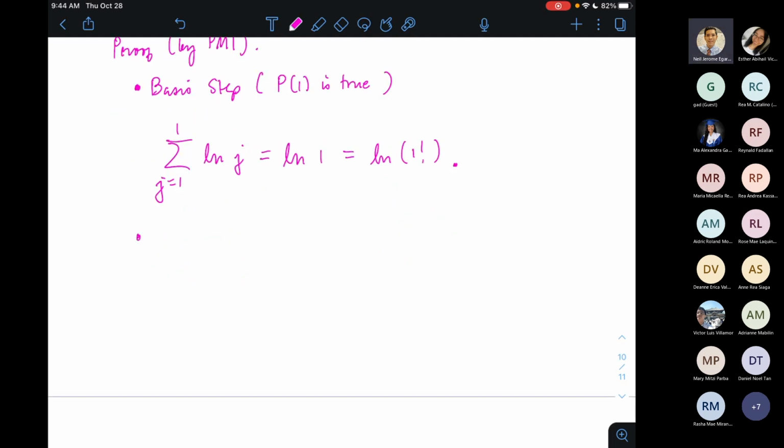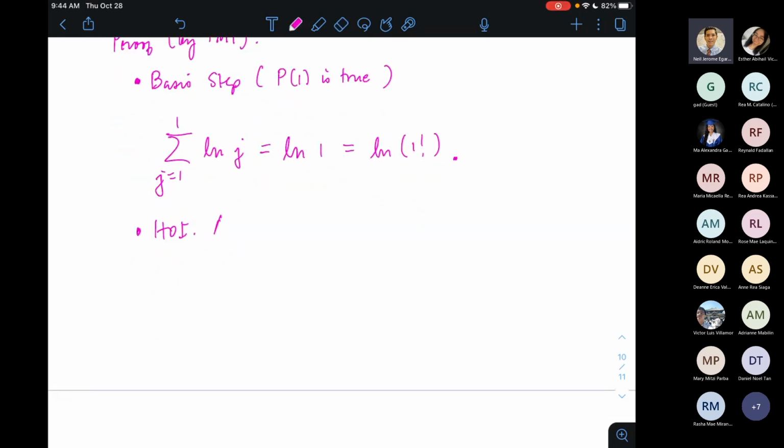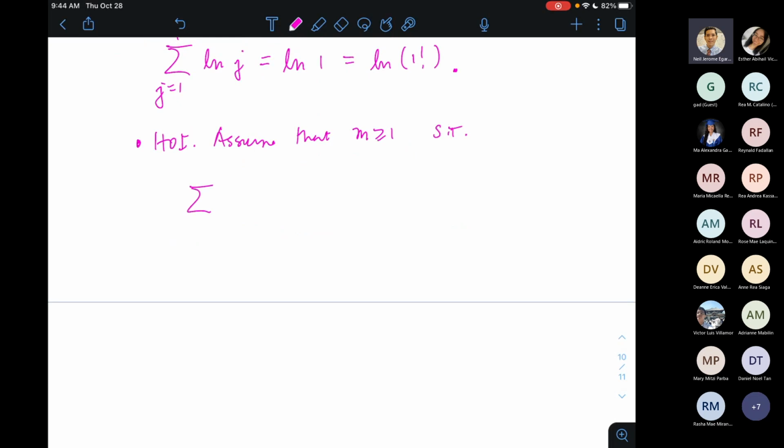And then for the hypothesis of induction, I will consider a natural number m greater than 1 such that this statement is true. Yung summation ng ln j starting from 1 until m ay equal daw kunwari kay ln of m factorial.